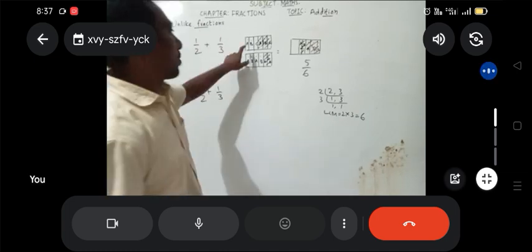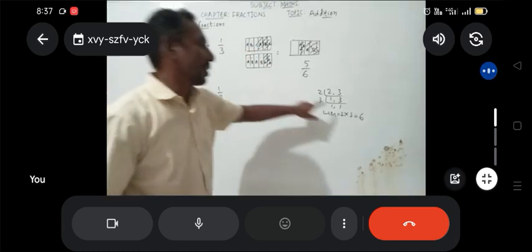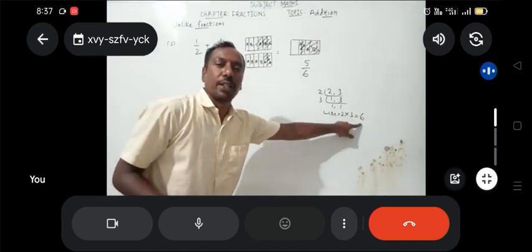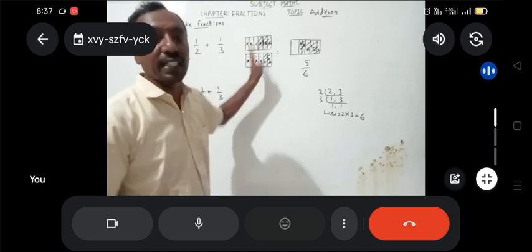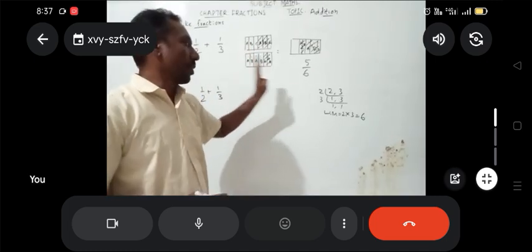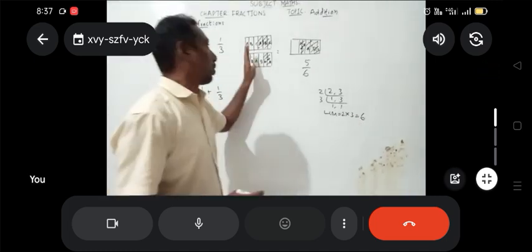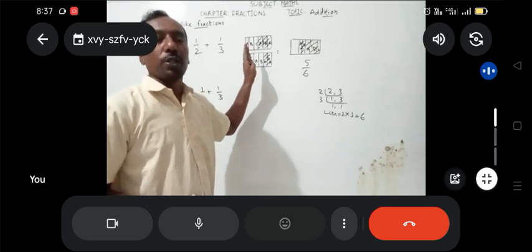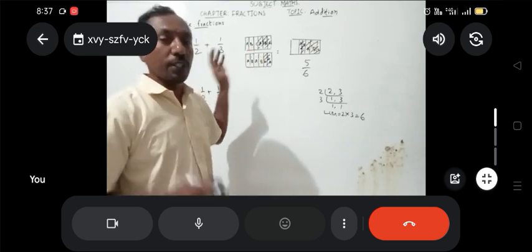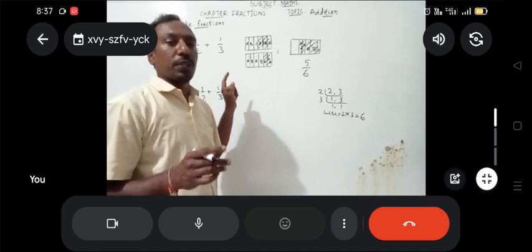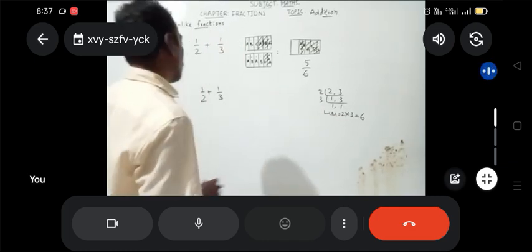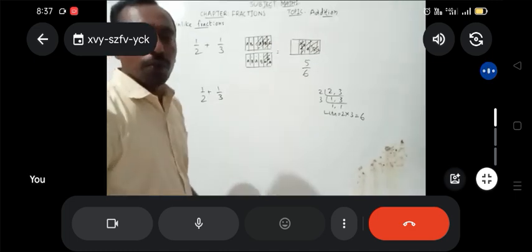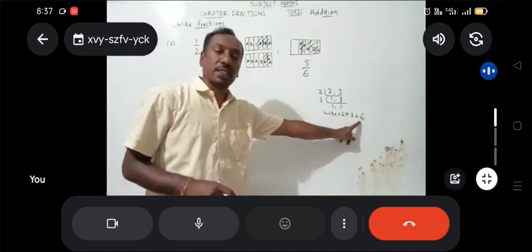That's why I have made it into 6 parts. This LCM tells you into how many parts you should divide again to make them equal in size.